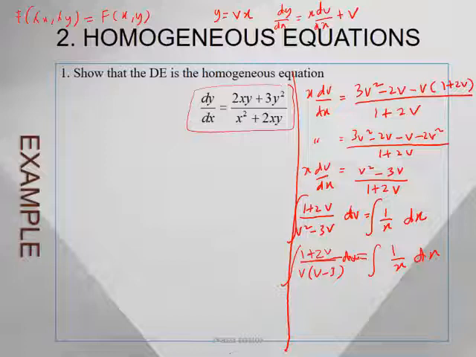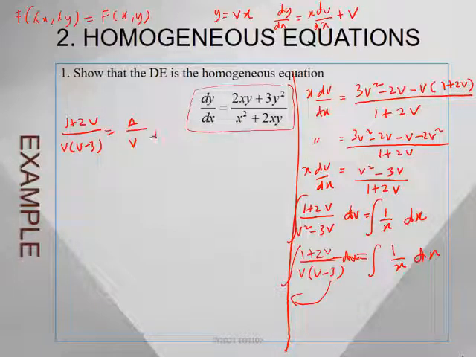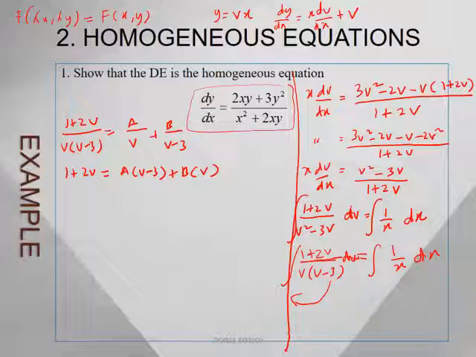So we solve for this one. It will be 1 plus 2v divided by v minus 3 equals a over v plus b over v minus 3. So we solve for a and b. So we let v equals 0.